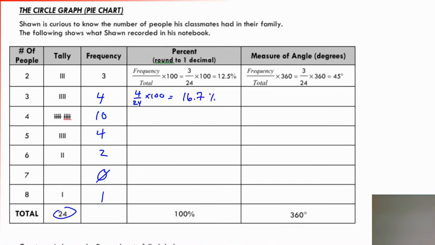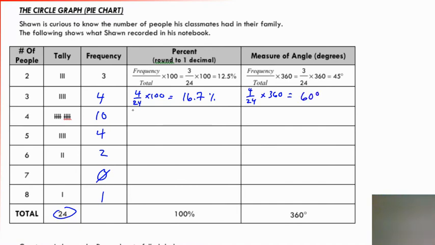All right, what do we do on this side though? So we say, all right, I'm going to need 360 times this number. So 4 over 24 times 360 gives us how many degrees we can use for making our pie slices. So 4 divided by 24 times 360 equals 60 degrees.